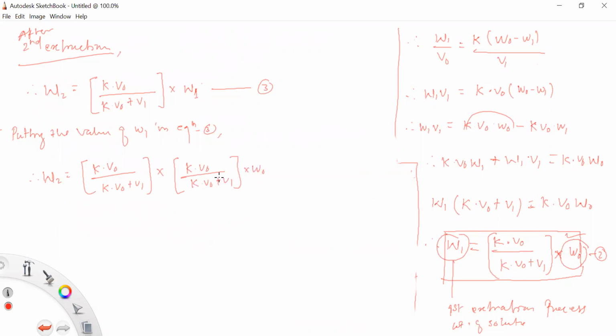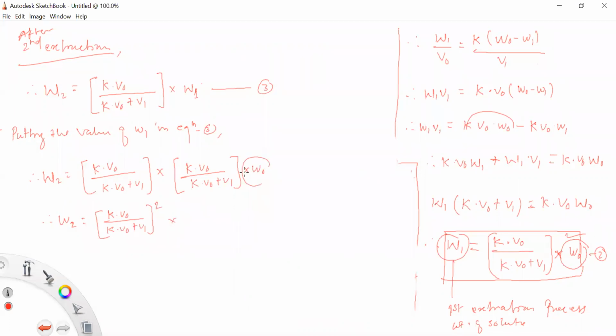So this is the common factor. Therefore, W2 is equal to K into V0 upon K into V0 plus V1 raised to power 2.